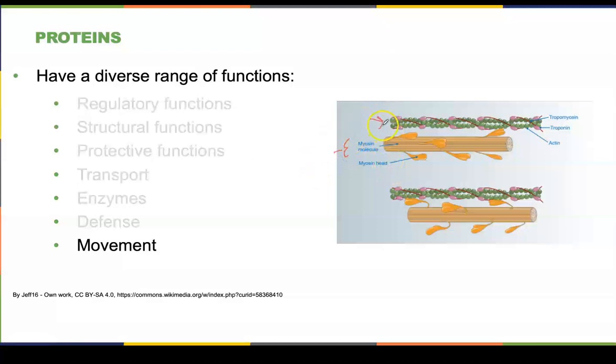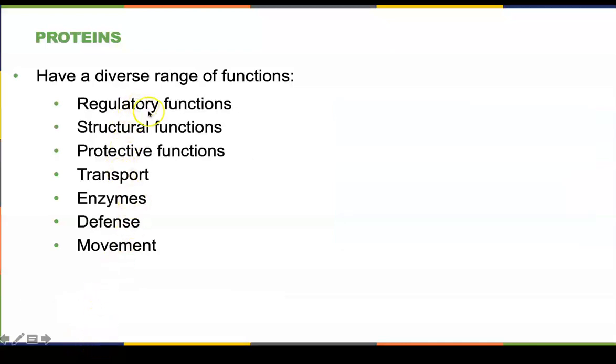But actin and myosin will move against each other, so in this direction and this direction, causing muscle contraction. And of course, muscle contraction then allows animals to move. So those were just examples. And there are other ways of dividing up this list, but this gives at least a general sense of the many things that proteins may do.